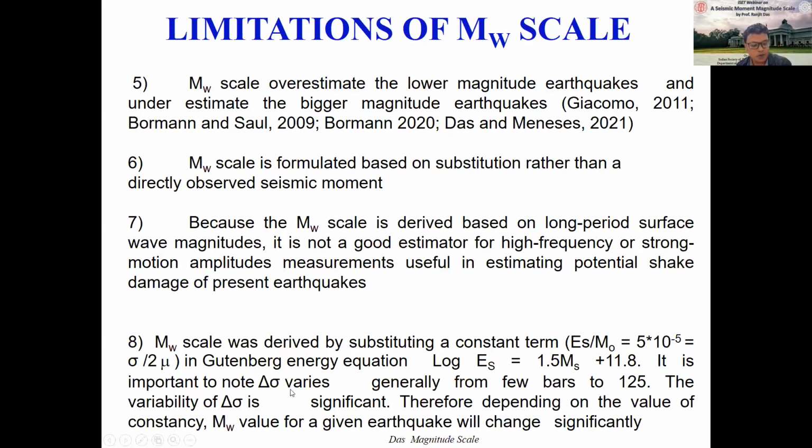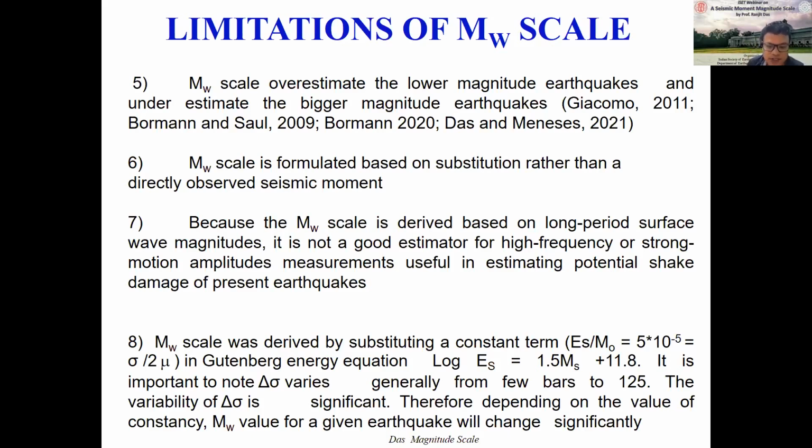It is important to note that stress drop generally varies from a few bars to 125, but he considered some constant value. So this variability of stress drop is significant. Therefore, if we change the stress drop, we will get different values from the MW scale. So this is another limitation.